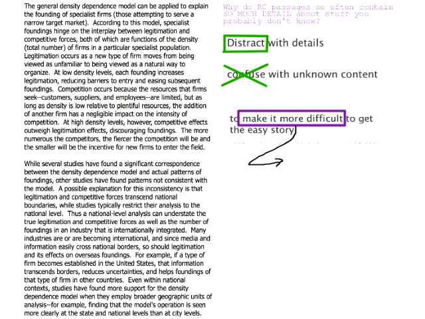I think you meant something more like to choose readings in which it may be difficult to get the answer, because they don't want it to be too simple necessarily.